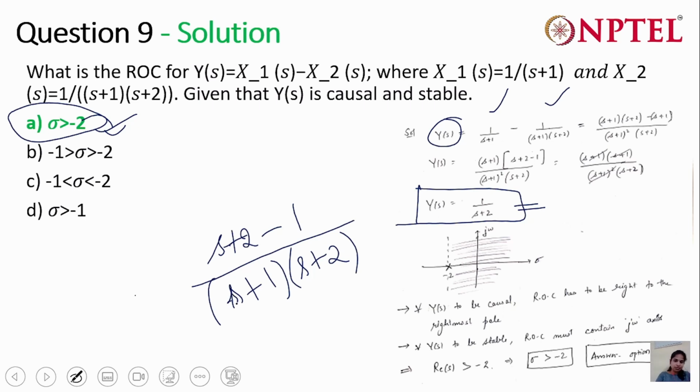This is the LCM, right? x1 of s minus x2 of s. Yes, ma'am, it's just s plus 2 minus 1 by s plus 1 into s plus 2. So in the numerator you just have s plus 1, so s plus 1 gets cancelled. Okay, and ma'am, we got the same answer for this one. Okay, thank you.